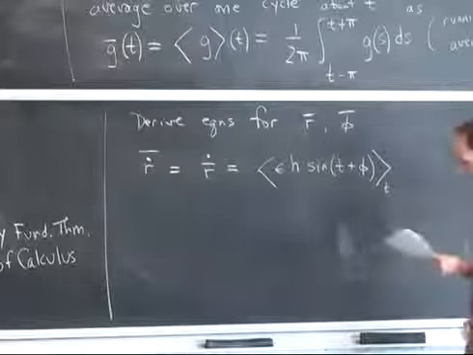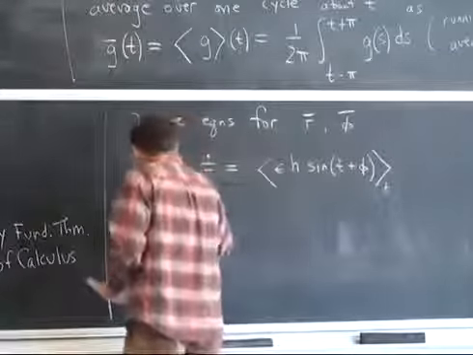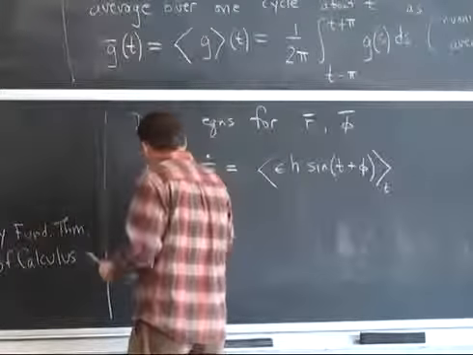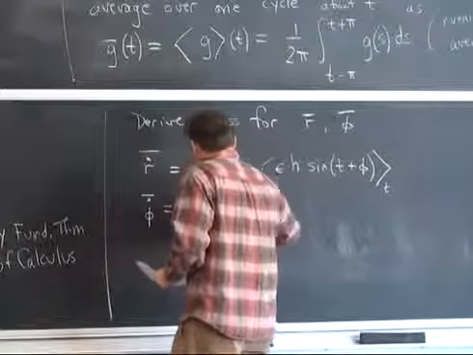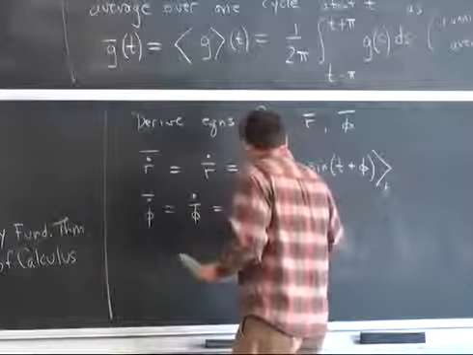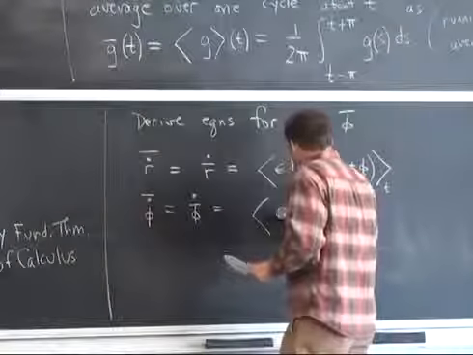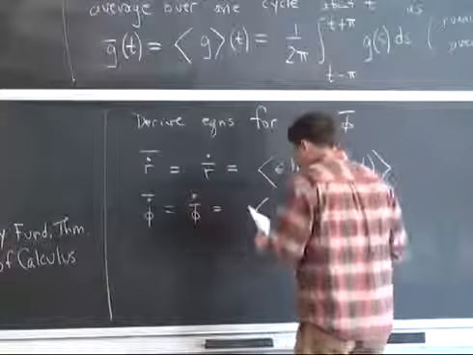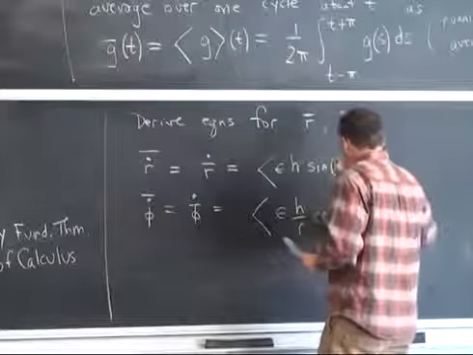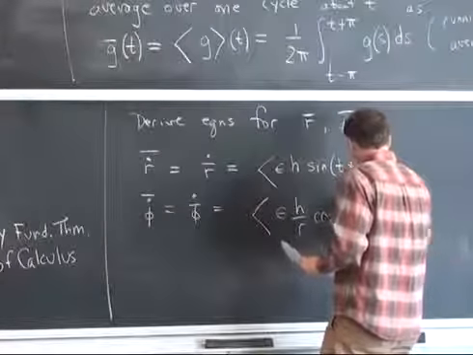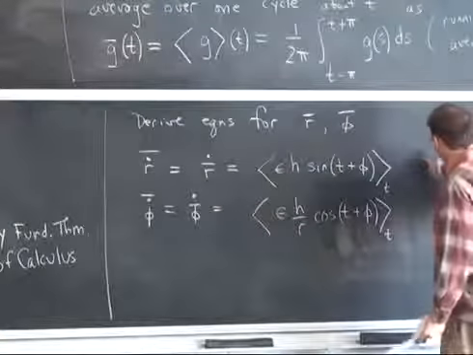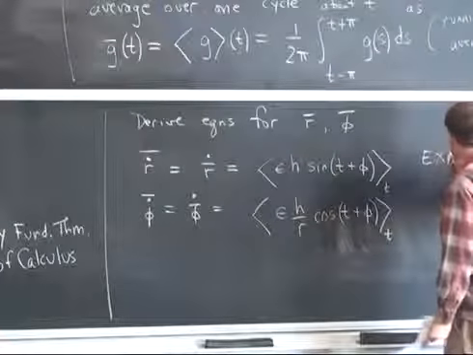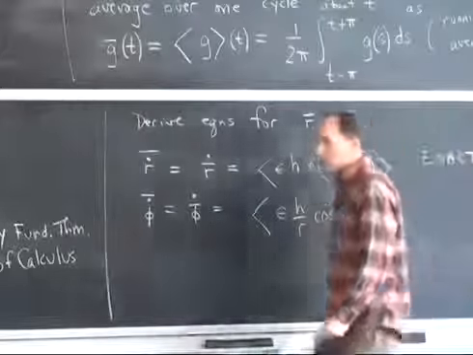Okay, and then similarly, I have phi dot bar is phi bar dot is, from that earlier formula, the average of epsilon h over r cosine t plus phi. And everything is exact still. We haven't made any approximation yet.